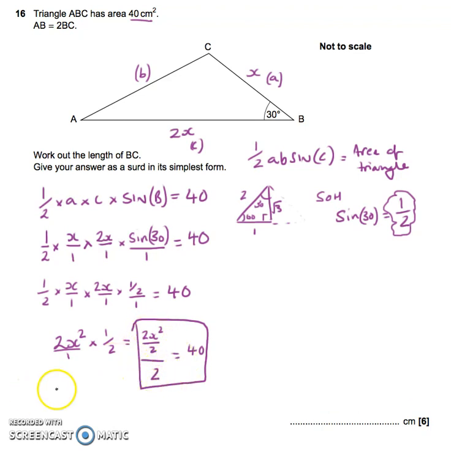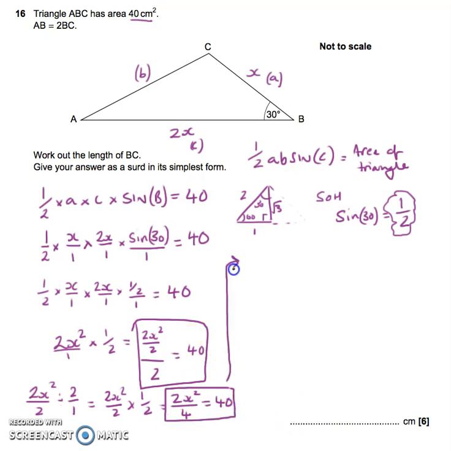You've got 2x squared over 2 divided by 2 equals 40. So you could use your fraction rules here. Again, 2x squared over 2 divided by 2 over 1 is equal to 2x squared over 2 multiplied by 1 over 2, which is 2x squared over 4, and all of that equals 40. So this is where we can go with this.